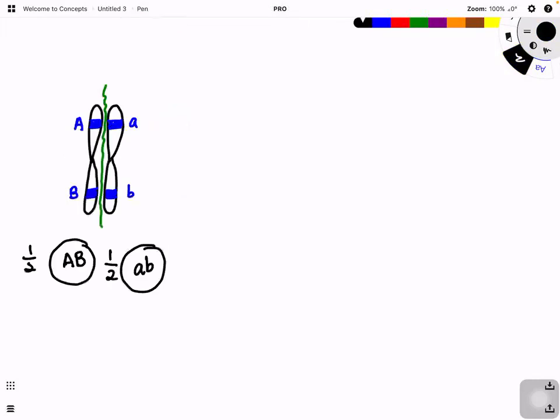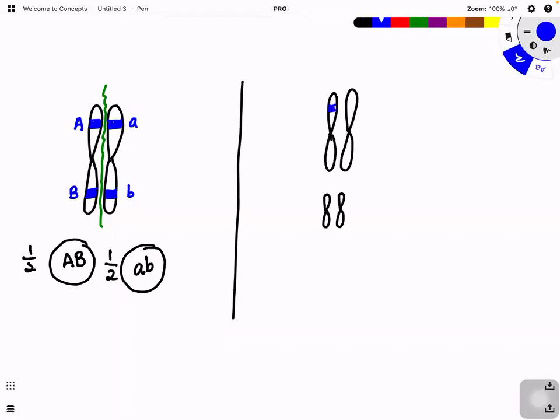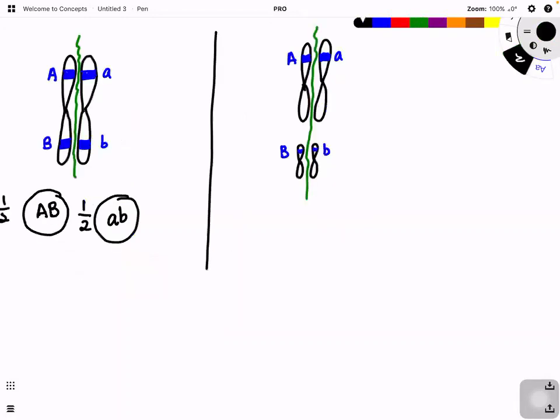Rather than if A and B are located on two different chromosomes. So what will happen here is, if this is the big A allele, small a allele, and big B allele, small b allele, and I segregate them, then I will be able to get big A, big B together, small a, small b together.